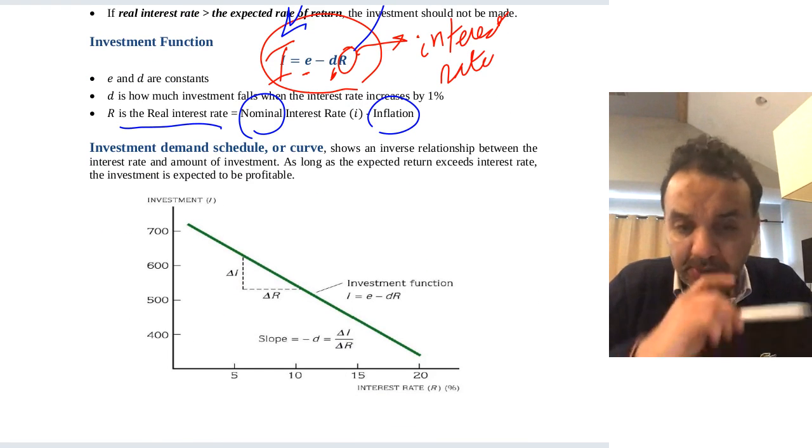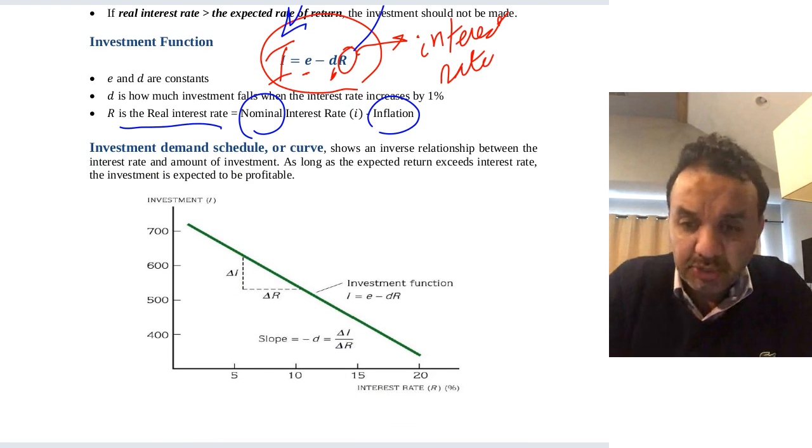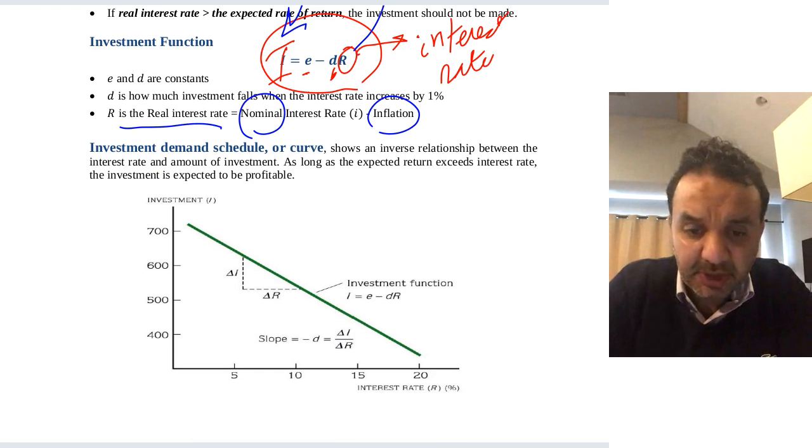Okay, so let's explain this on the XY axis.